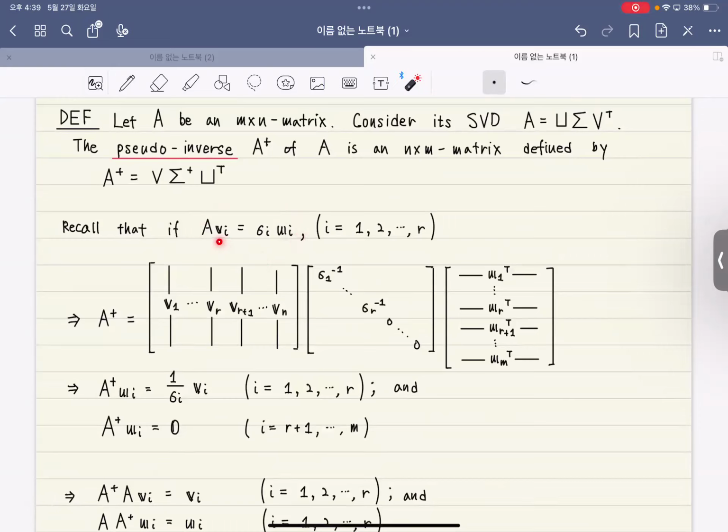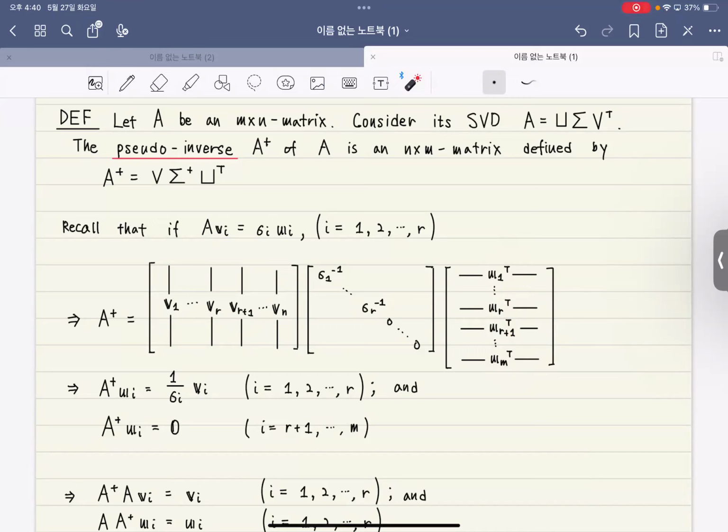If this relation gave us a singular value decomposition of A, then A plus is these V's over here, and this is sigma plus, so these numbers with the reciprocals taken, and these are the vectors U. If you multiply the column vector U1 over here, it's going to be 1, 0, 0, 0, and multiplying over here gives sigma 1 inverse, 0, 0, 0, and multiplying by here, you have sigma 1 inverse times V1.